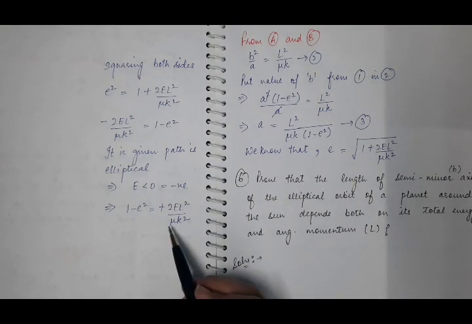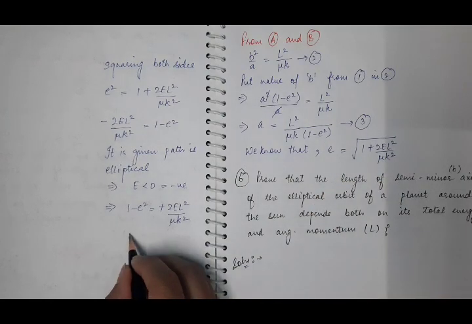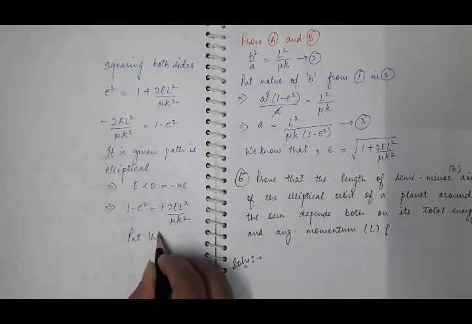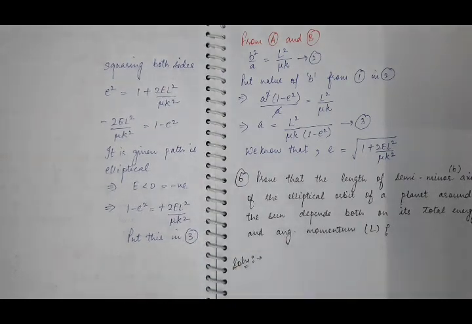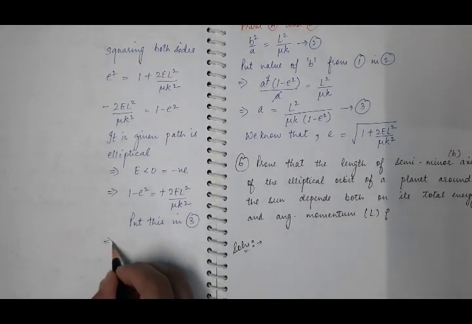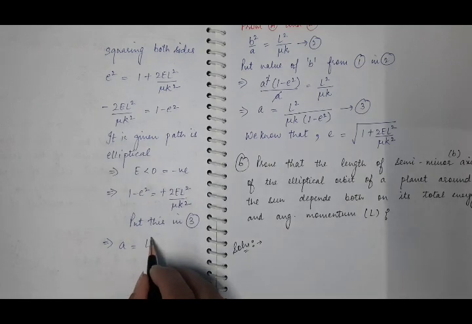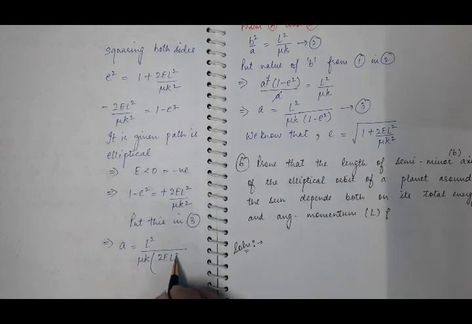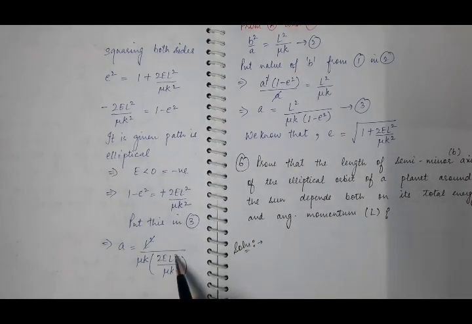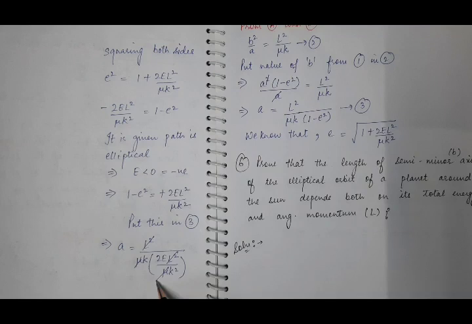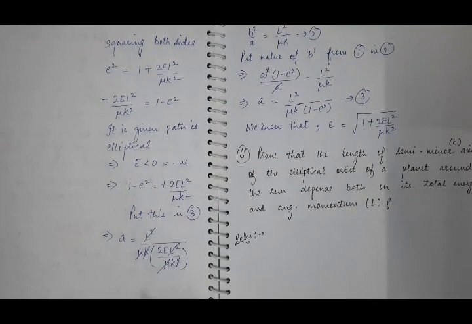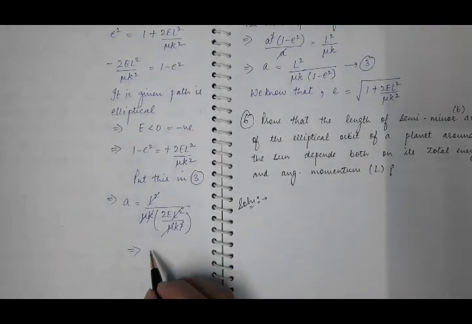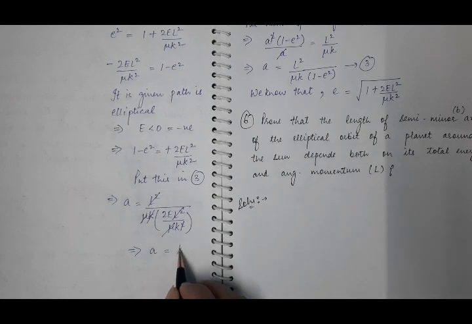So now put this value in equation 3, and you will get A is equal to L square by mu k into 2E L square by mu k square. So L square and L square cancelled out, mu and mu cancelled out, k and one k cancelled out. So solve this and you have A depends upon k by 2E.